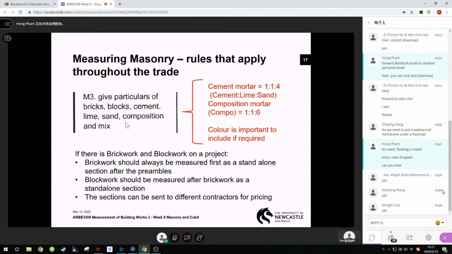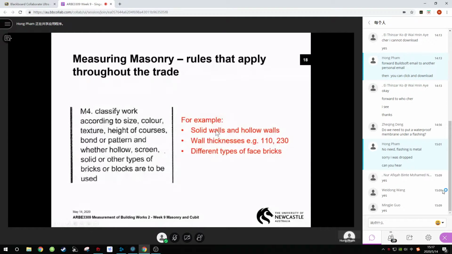Okay, so this would be the general descriptions. And let's say all these common brick that laid in cement sand mortar and also the bond in stretcher bond, for example. So this M3 will give you a general descriptions. And within that general descriptions, all the common brick, for example, for the same cement mortar, then you have to split them further in the thickness. Okay, with the thickness. Later we will give you examples.